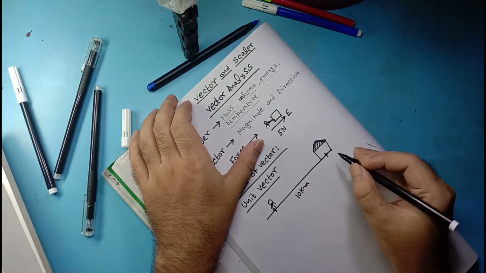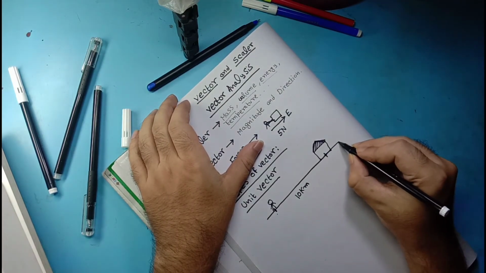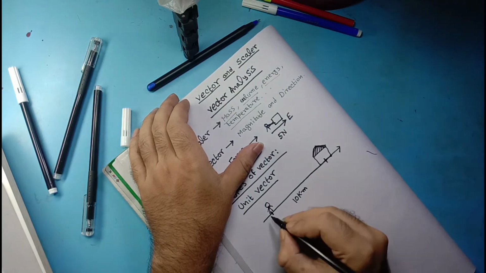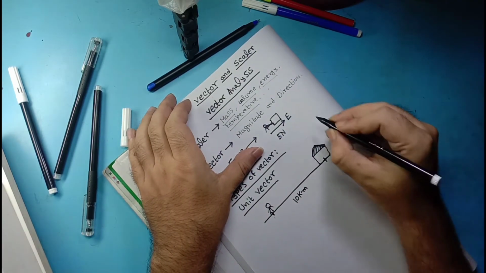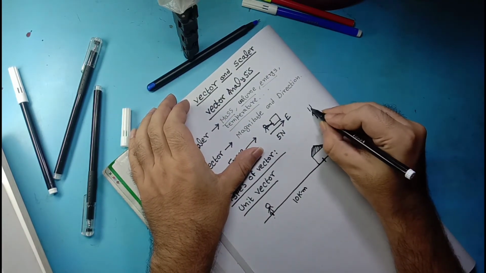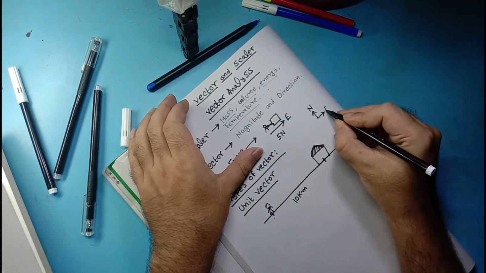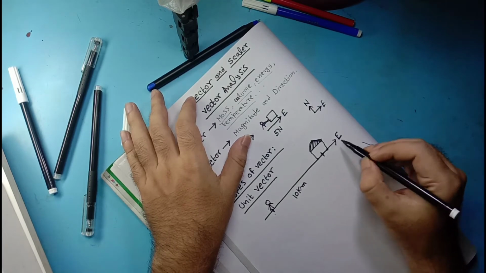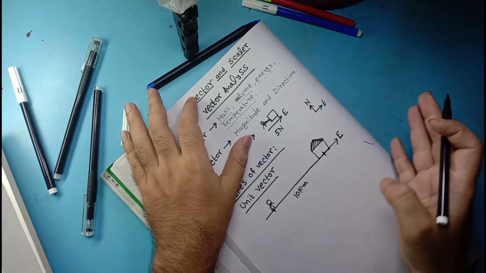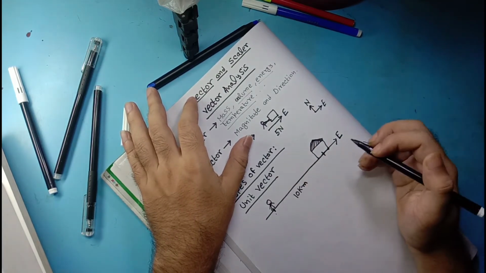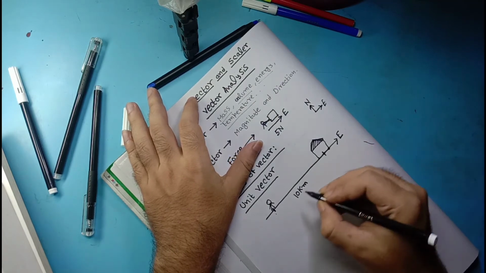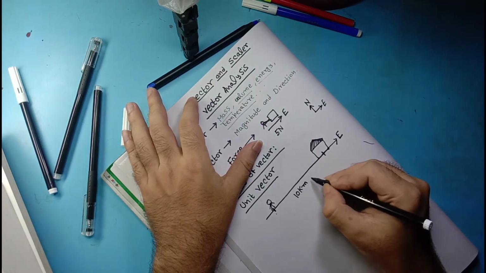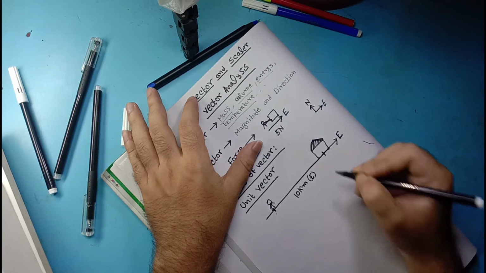If it's 10 kilometer, you have to tell in which direction. You are moving to the east, considering this is north, this is east, and so on. So if you are moving towards east, obviously you will be moving 10 kilometer in the east direction.